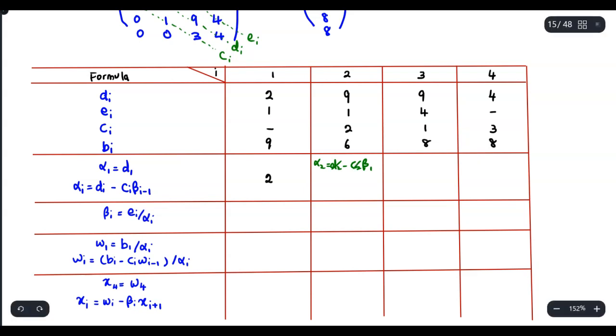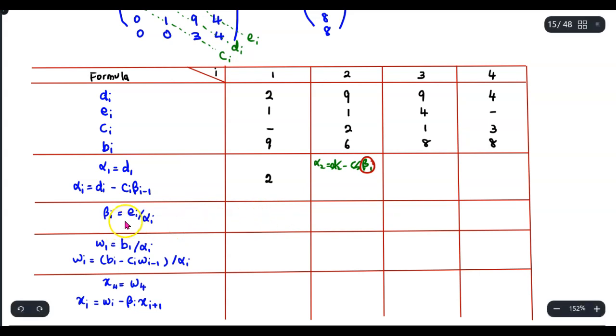But we don't have the beta 1 yet. Where is beta? Beta is at the next row. Beta 1 is here. So before you can calculate the alpha 2 here, you need to calculate the beta 1 first.